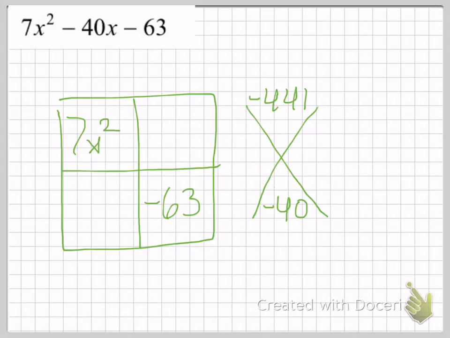We need to find what factors of negative 441 add together to give us minus 40. Let's try to see what we can find. If we divide negative 441 by 3, we get negative 147.